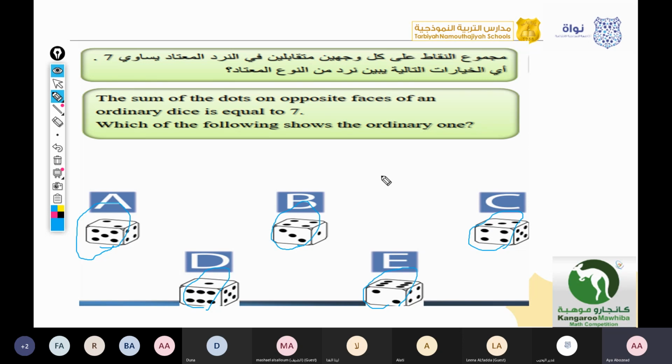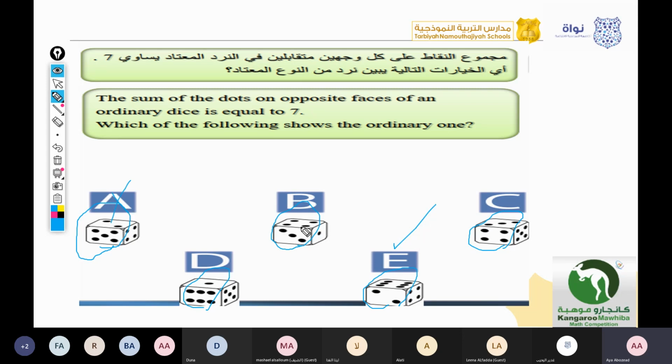Now, only the ordinary one is E. How can I get the answer, teacher? When I found from here 5 and 2 will be 7, 5 and 4, no. So maybe the opposite will be 3. But the opposite of 5 then will be 1 or 6, so it's not 7. So this is not ordinary.